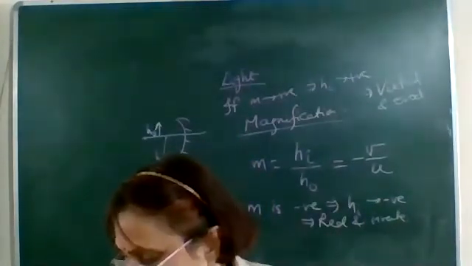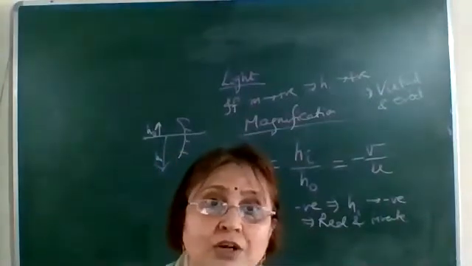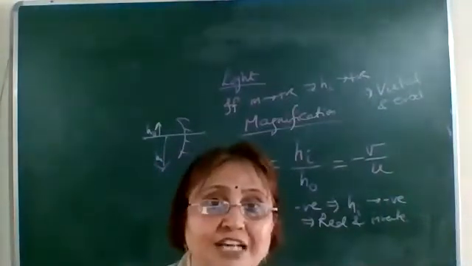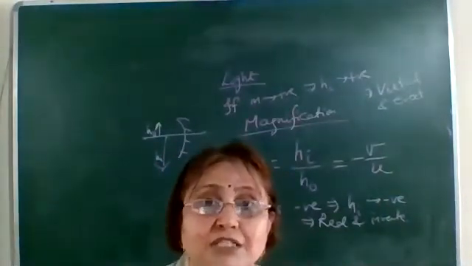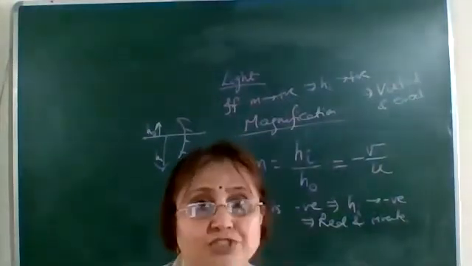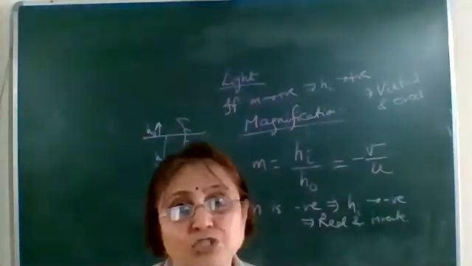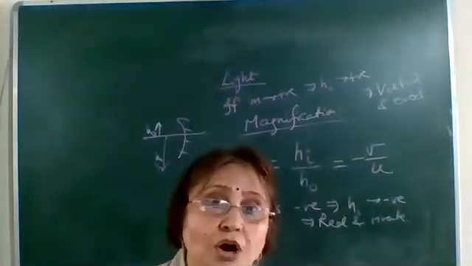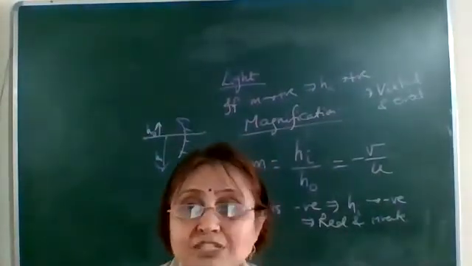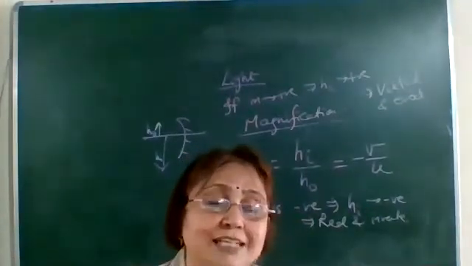Then question number 4 is, why do you prefer a convex mirror as a rear view mirror in vehicles? Convex mirror is used as a rear view mirror, the side mirror in vehicles. Why? Because the first thing, it gives an erect image. Which image should be seen in that mirror? It should be an erect image. Also, that image is smaller than the object, diminished.